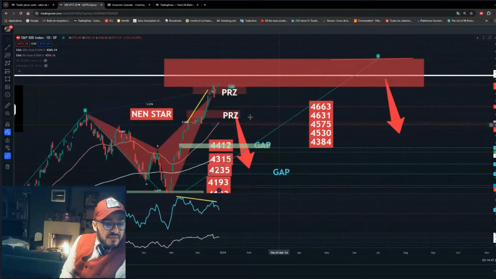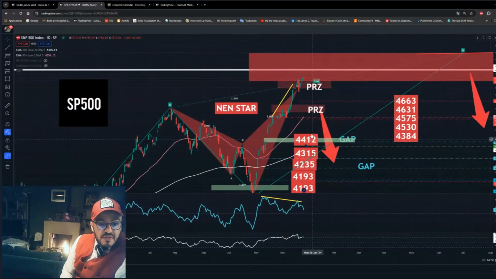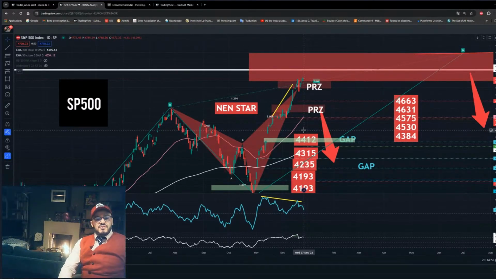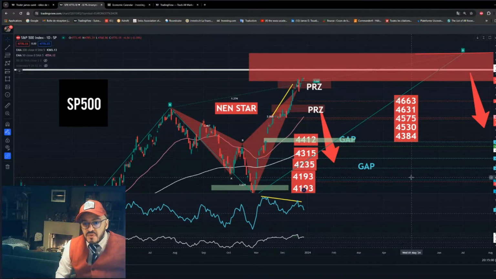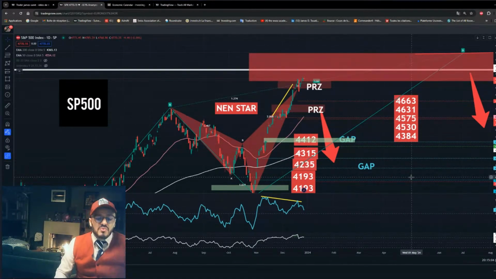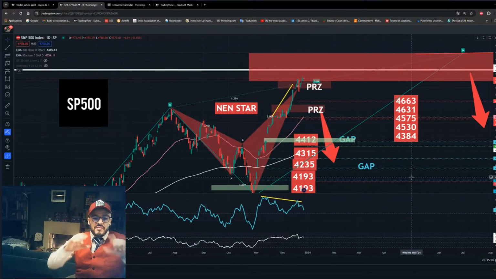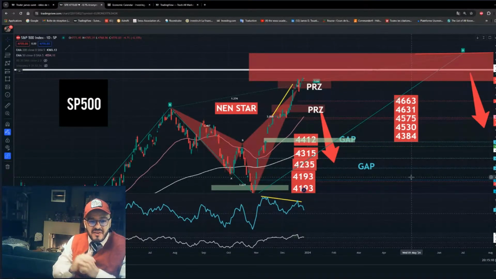And then if it works, we can reach this level, the MA50, for 4,554. Otherwise, the 200 moving average here around 4,365. Don't forget that we have a big support around 4,000.